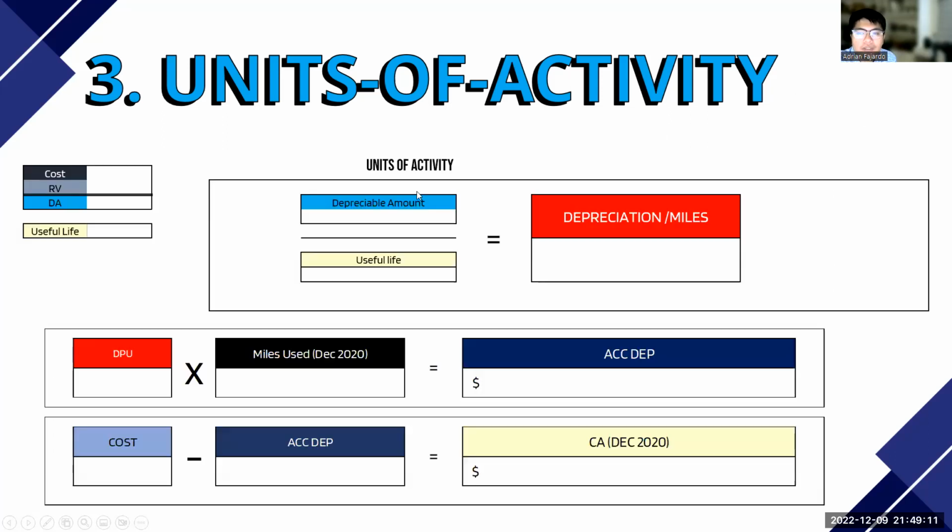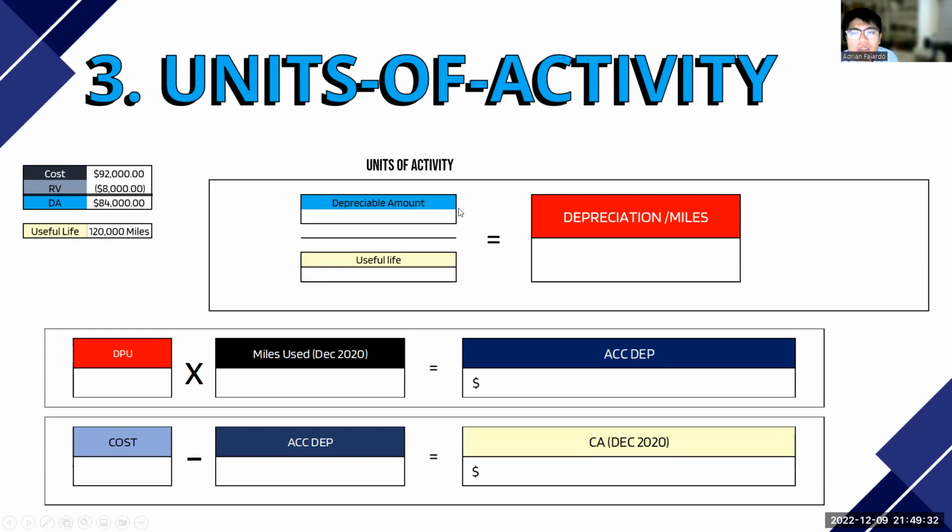So units of activity, may shortcut trend. So step 1, what's your cost? The cost of bus 3 is 92,000 with the residual value of 8,000. That gives you your depreciable amount of 84,000. And then yung useful life mo is in miles, 120,000 in miles.